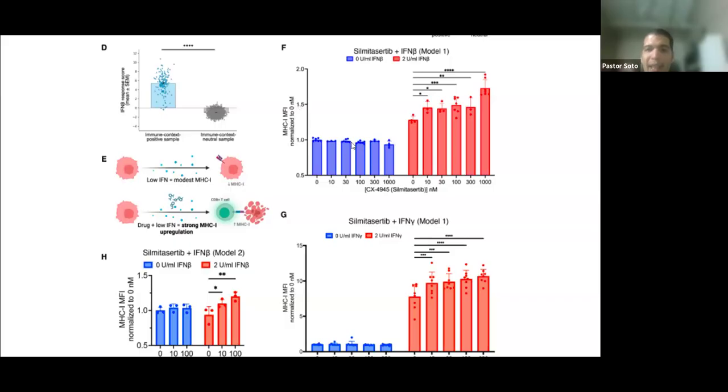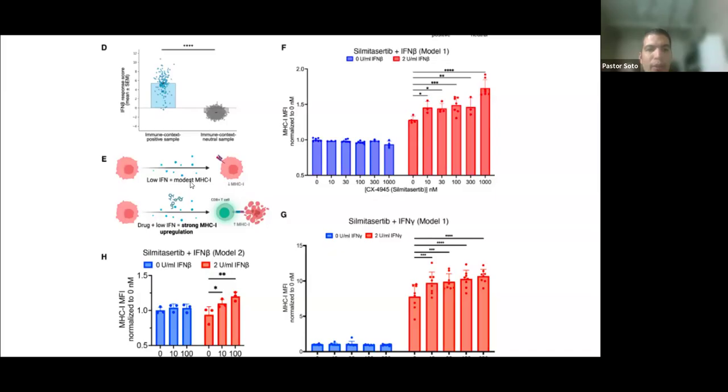And as you can see, there are clear differences, but those differences are not seen only with the treatment. They are seen in the presence or absence of the interferon levels. So it was really specific about it.